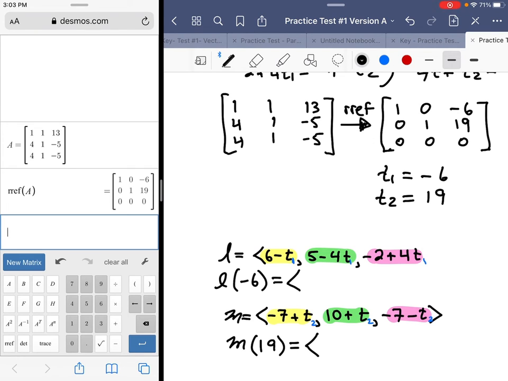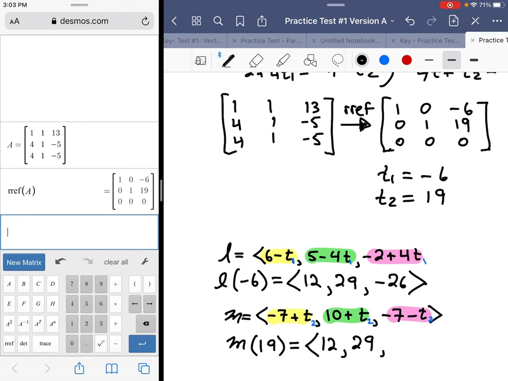I would do them both to verify that it's going to play out correctly. Plug in a -6 and you're going to get a 12. Plug in a 19, you'll also get a 12. -6, so 5 plus 24 is 29. 10 plus 19 is 29. All right. -2 minus 24 is -26.